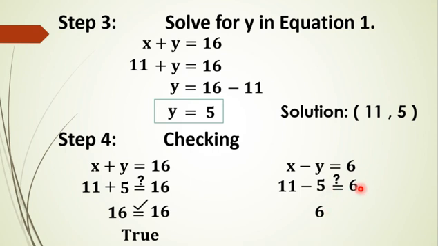Is it equal to 6? Yes. So therefore, the resulting statement is also true. Since parehas tama yung lumabas na statement for the first and the second equation, therefore, (11, 5) is really the solution of the system.